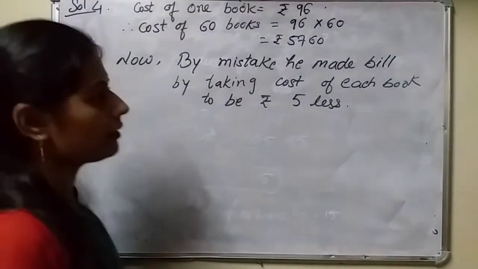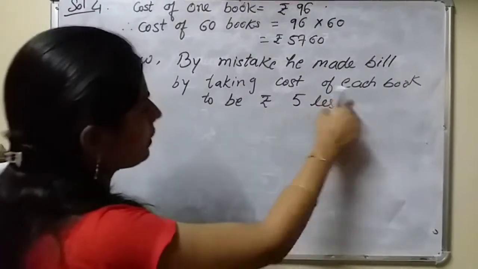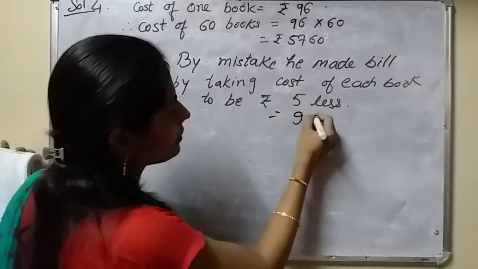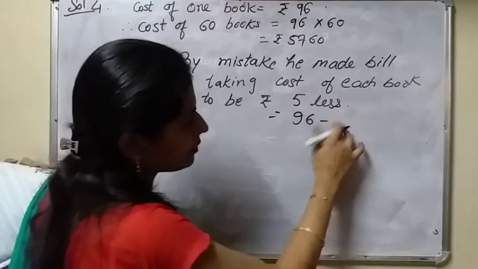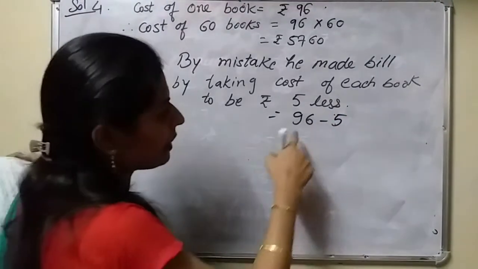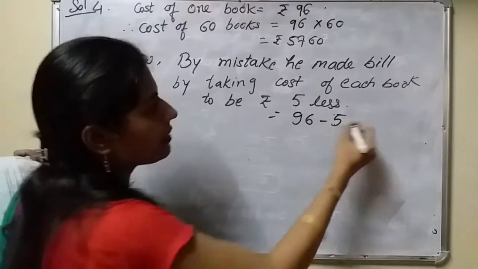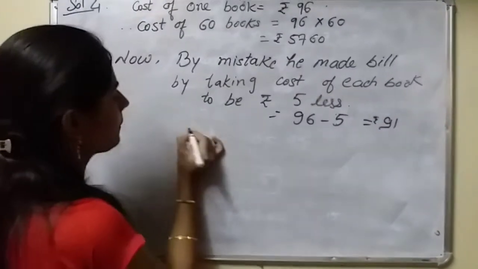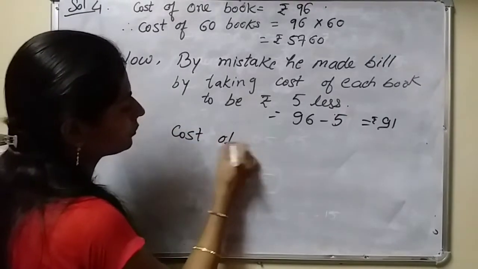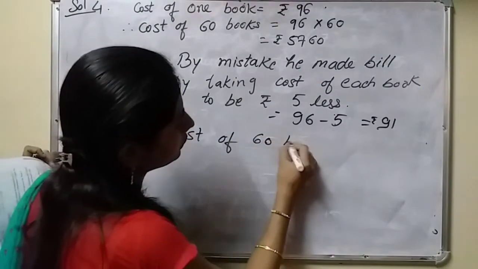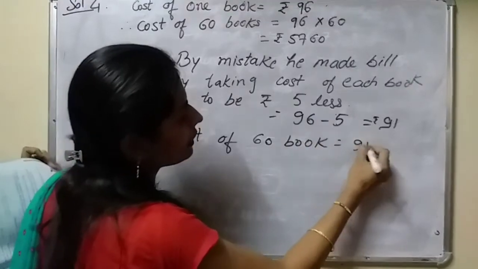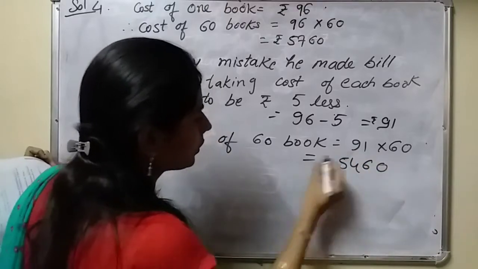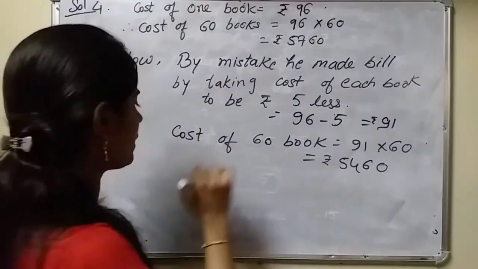Now see, if he made the bill taking the cost of each book 5 rupees less, it means 96 minus 5, on one book he made the mistake of taking 5 rupees less, that is 91 rupees. Rupees 91, it means the cost of 60 books is equal to 91 into 60, rupees 5460.